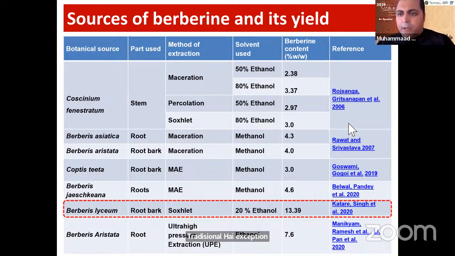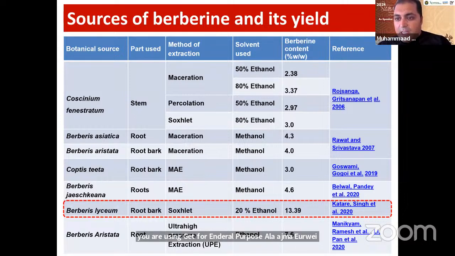Again, it depends. This is a new technology. You have to purchase new equipment for this, because you cannot use a household microwave in industry. If you are using it for industrial purposes, you have to buy a large microwave apparatus that can give you a large amount of extract.